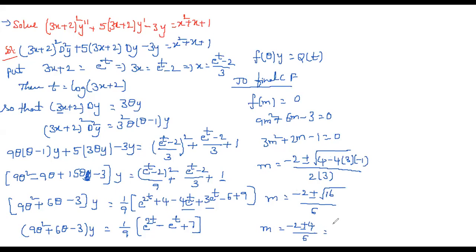So m is equal to minus 2 plus or minus 4 by 6. That is minus 2 plus 4 by 6 and minus 2 minus 4 by 6. So we got the roots: 2 by 6 and minus 6 by 6.